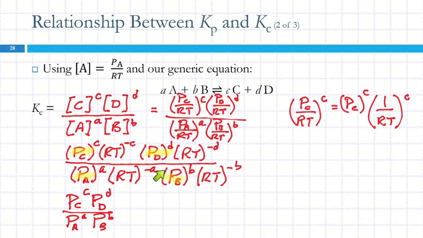It's not confusing at all, 9 o'clock in the morning. Well, this looks a lot like that, doesn't it? Except with pressures instead of concentrations. Well, what happens with the rest of this mess?